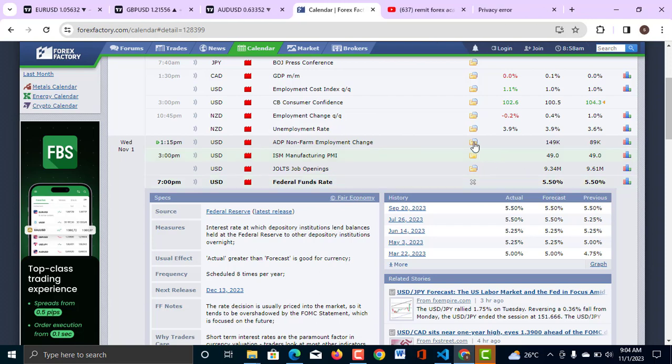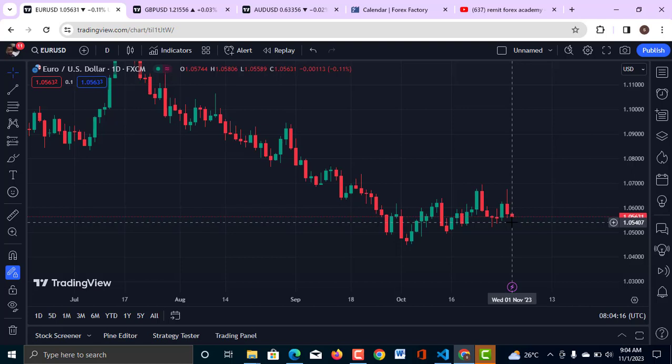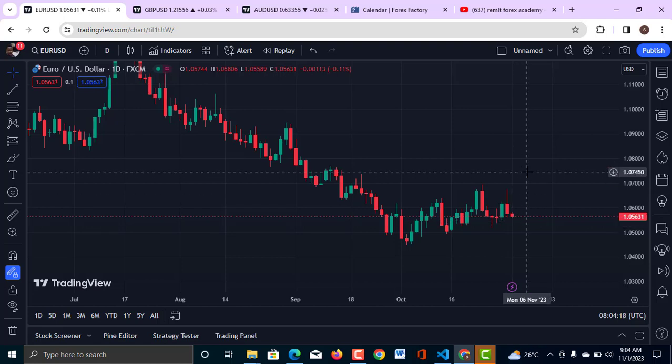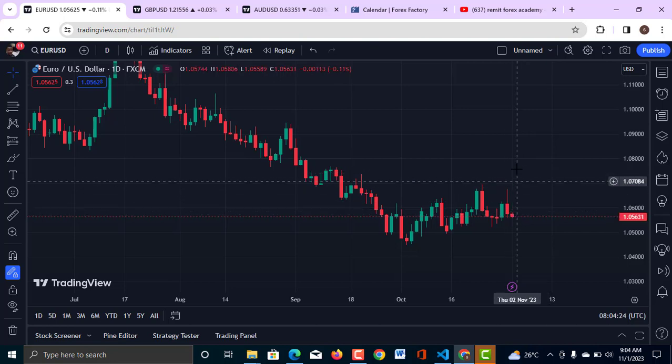Now if the Fed keeps interest rate unchanged, this is what you should expect. If the actual value we see here is 5.50%, then expect Euro USD to move to the upside. This is my own direction and bias; I will be expecting the market to move upward.